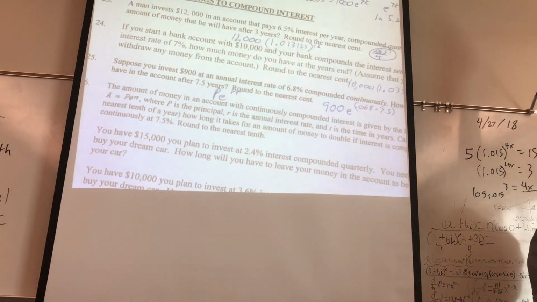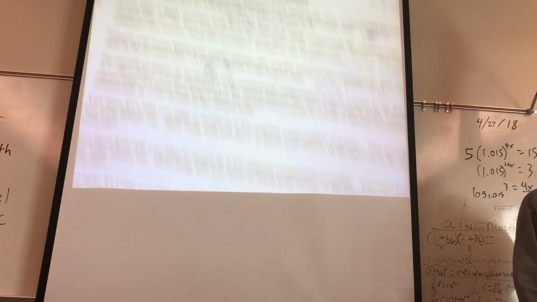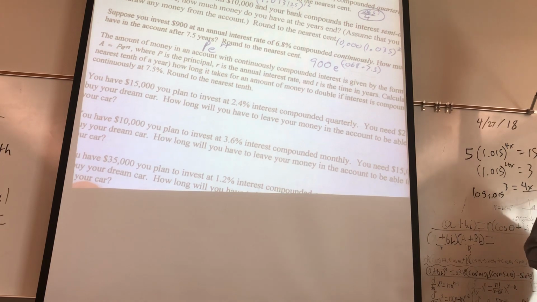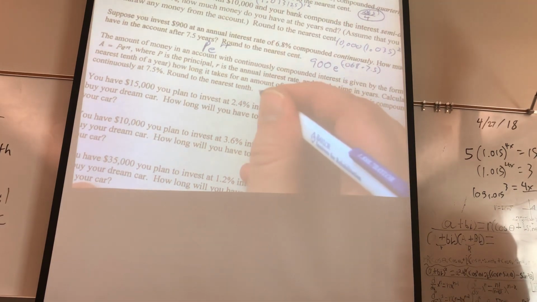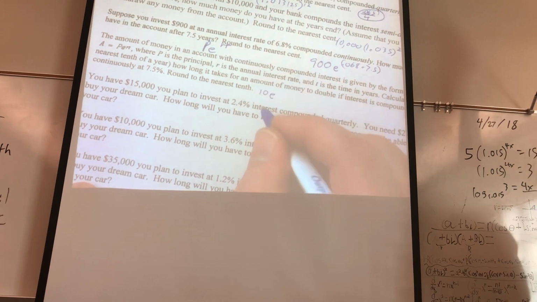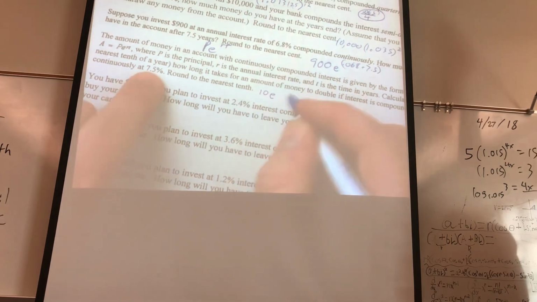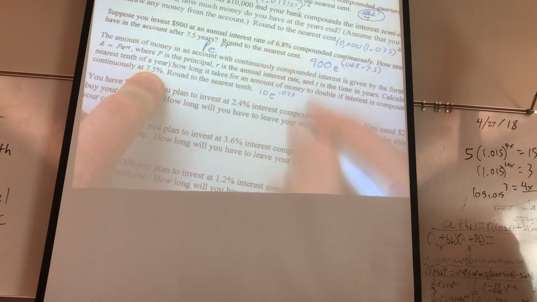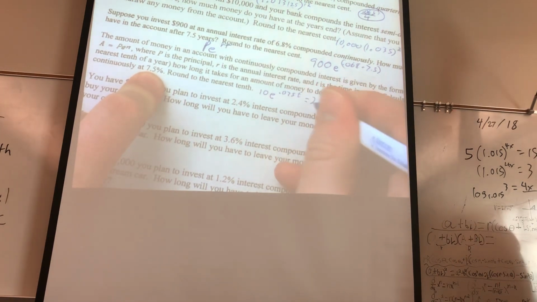Number 26, the amount in the account is given by this, and it doubled. Okay, if it doesn't give you an amount of money to start with, just make one up. So here's $10, and we're going to multiply that by e to the annual rate, which is 7.5%, 0.075, and then that would be t, and I want to know when that's going to equal 20.